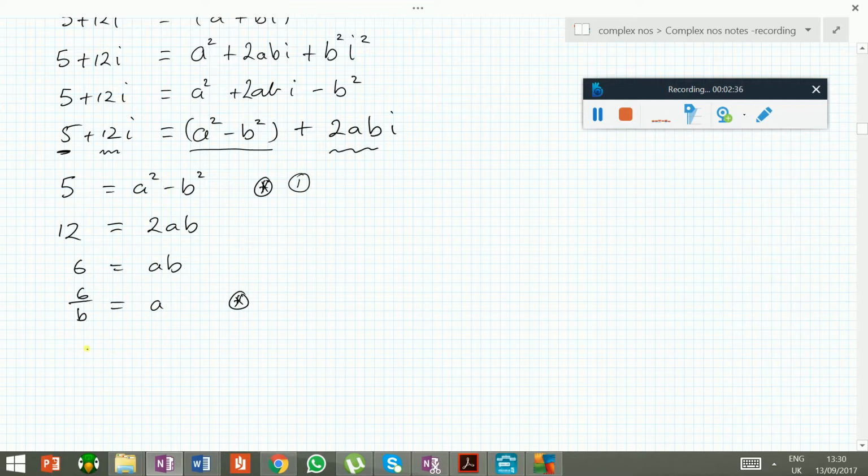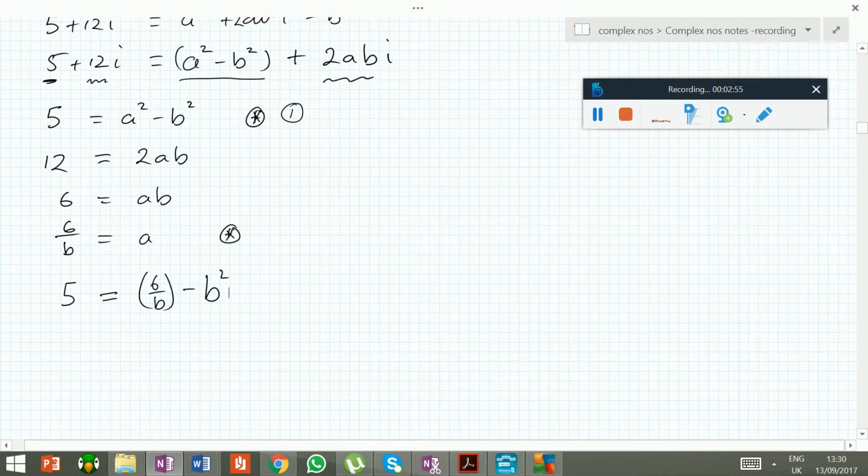So 5 is equal to, now I know that a is 6 over b, so I'm going to put that in for a here, 6 over b, minus b squared. So what I'm doing is subbing that a value back into equation number 1.